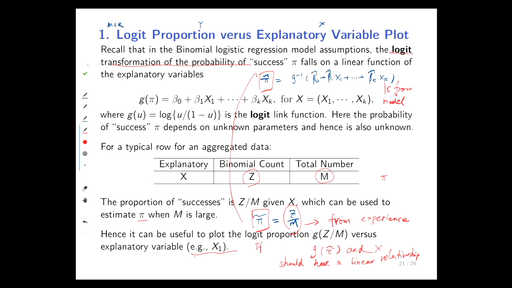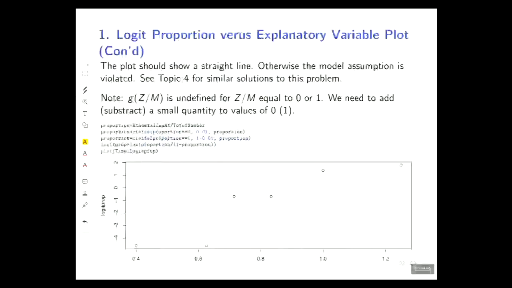That's the idea to plot the logit proportion versus the explanatory variable, because g is the logit link function, and pi tilde is the proportion. We just plot g of pi tilde against x, and then we obtain a plot. This plot should show a straight line, otherwise the model assumption is violated.